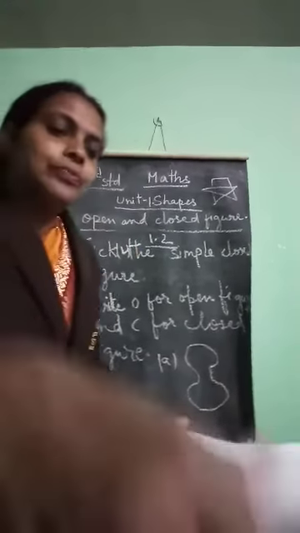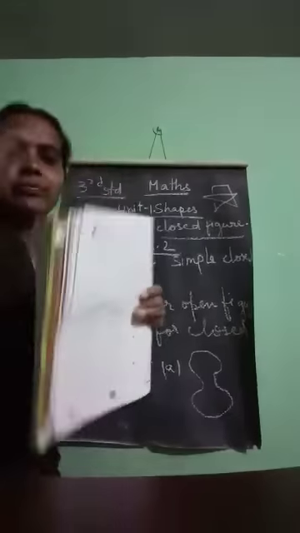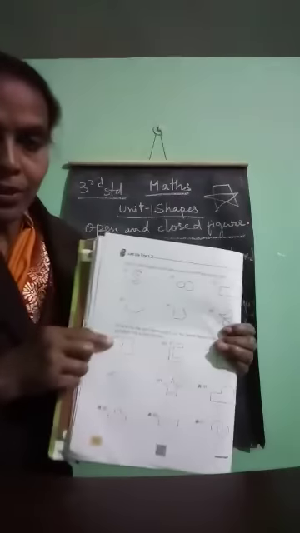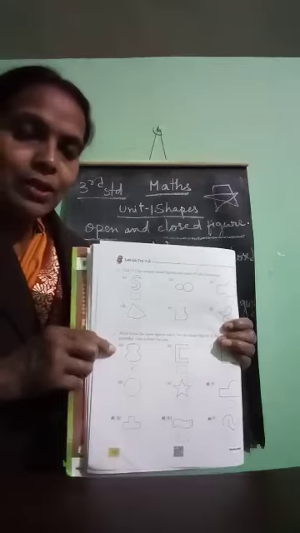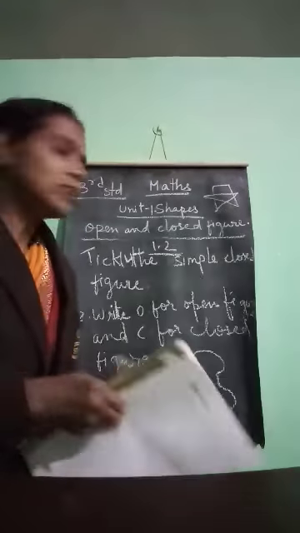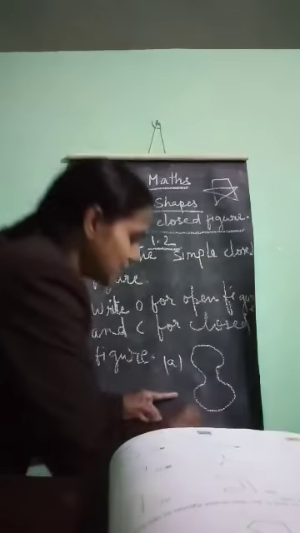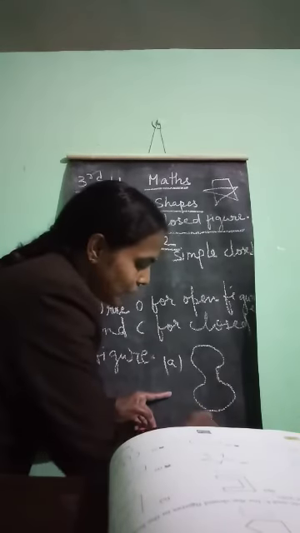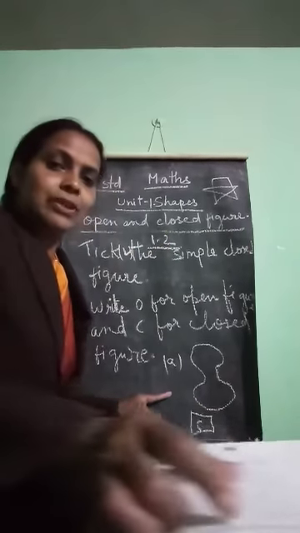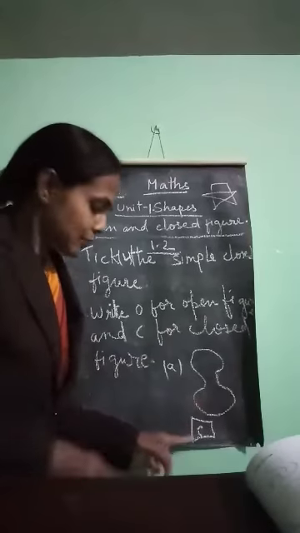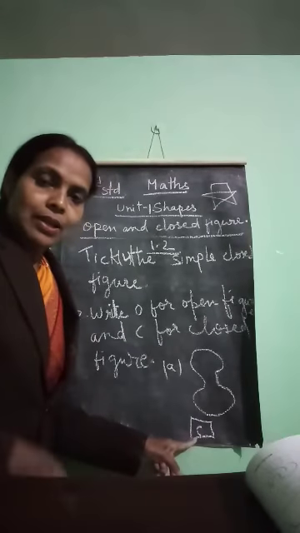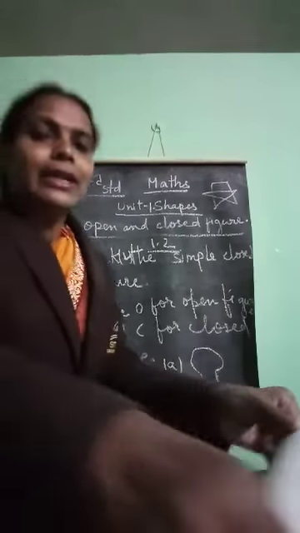See? This one, it is closed figure. So you write C over here in the box. You write C. Write C in the box. Can you see?